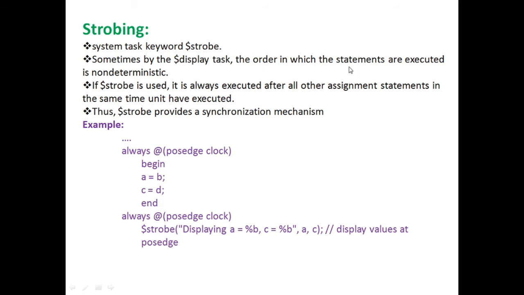By using $display, sometimes we may face a problem of non-determinism during execution. So in order to overcome this problem, we replace $display with $strobe here. $strobe is very similar to the $display task, but with some slight difference.